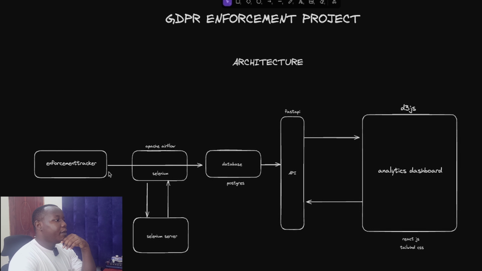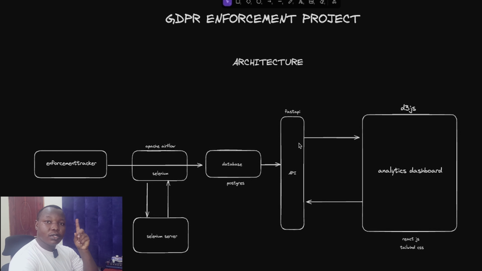Then after data flows from the enforcement tracker into my local database, the plan was to create an API around the database to serve that data. Since I am comfortable in Python, the choices were only three.